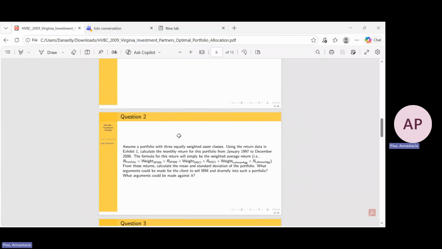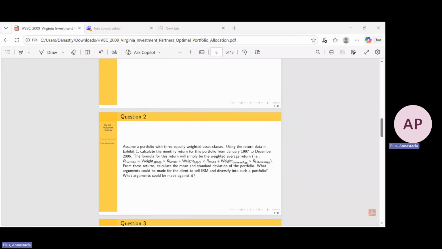Then to get the average, we take the average of the monthly returns. That is the portfolio return over the whole duration of the historical data provided. And then we also get the standard deviation. And that answered our question 2.